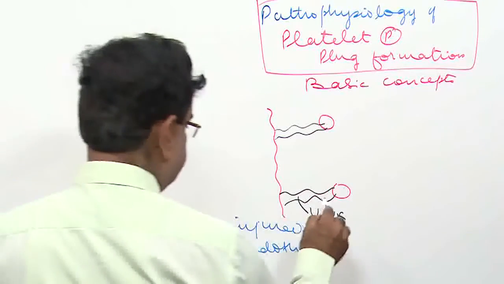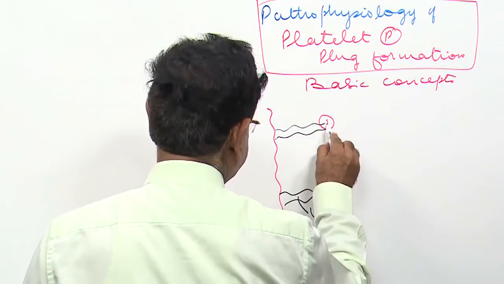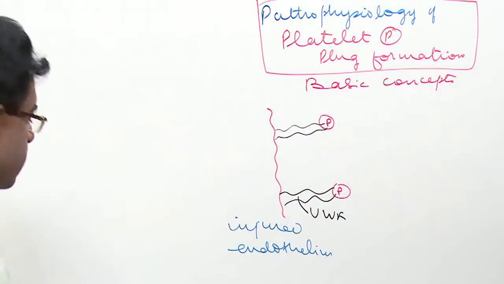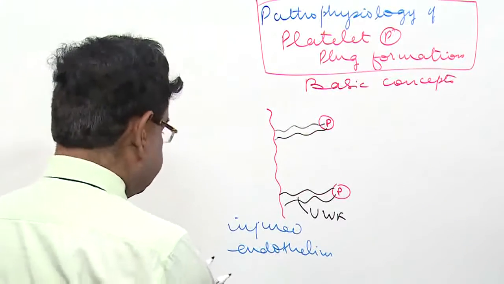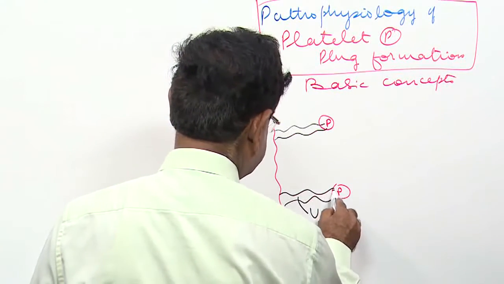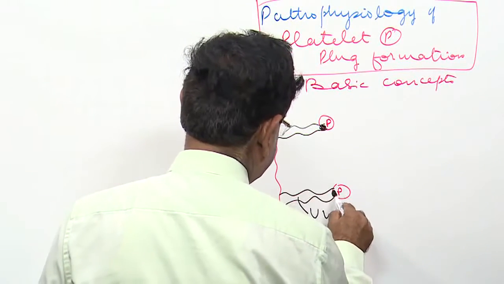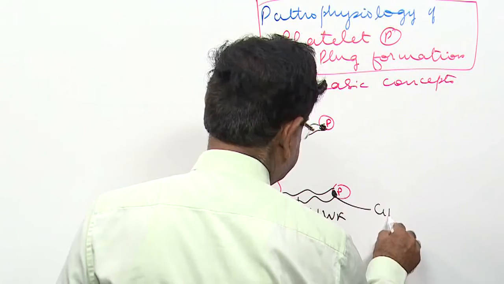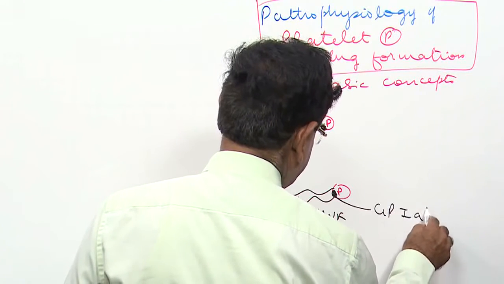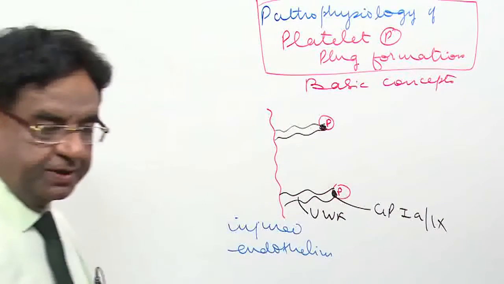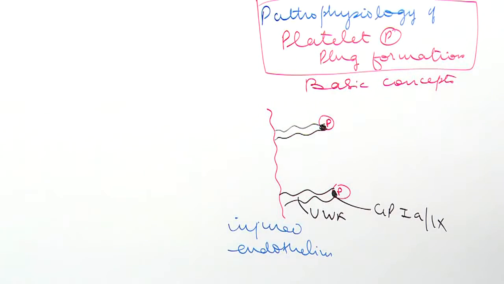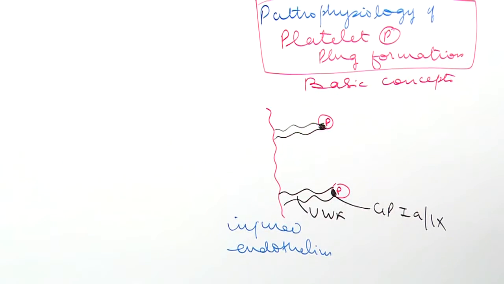This is the platelet P. And these are attached here via the GP1A/9 receptor. Zoom करेंगे. GP1A/9 receptor.